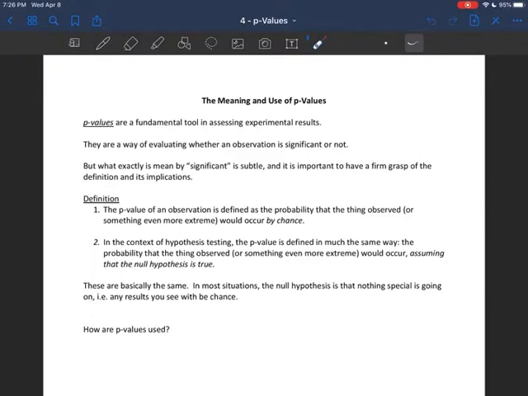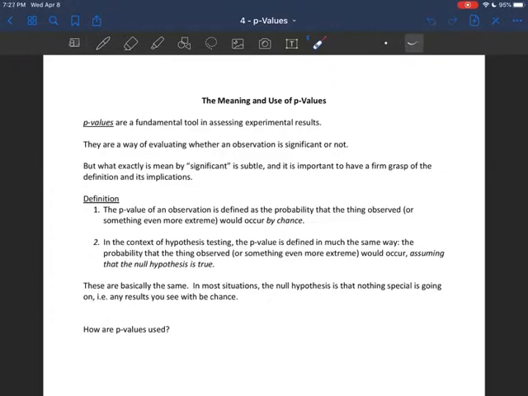So here we have the definition. A p-value of an observation, so this is something that's associated with a particular observation, is defined as the probability that the thing that has been observed will occur, or that something even more extreme would occur. So this is pretty context dependent. It's the probability that that thing or something more extreme would occur by chance.